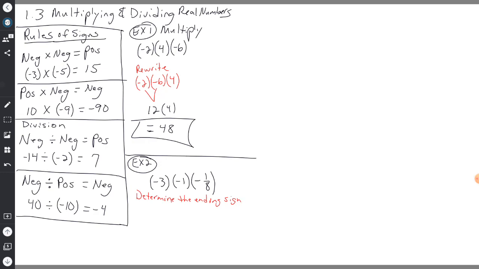Here, if we look at these two, we have a negative times a negative, right? That becomes a positive. But then we're multiplying this positive times this negative. So what is our ending sign going to be? So we can look at this now as just writing it without the signs, because we know that our ending sign is going to be negative.